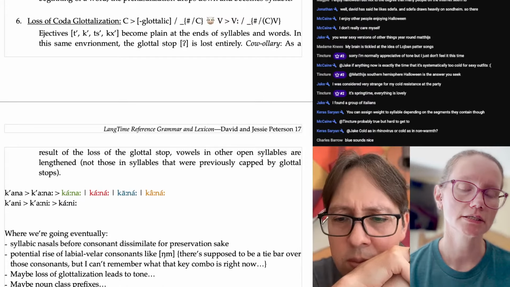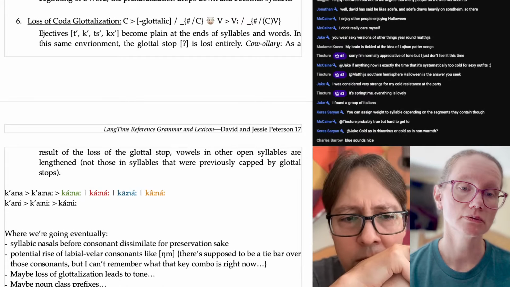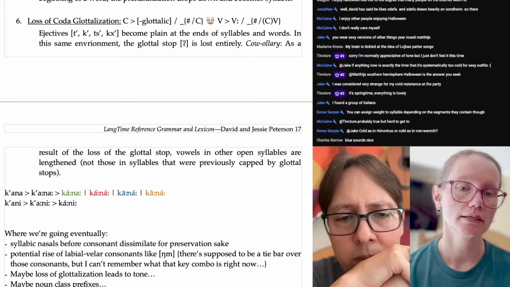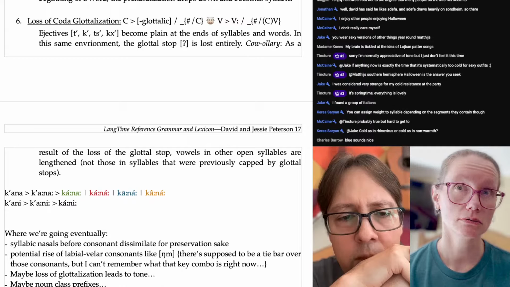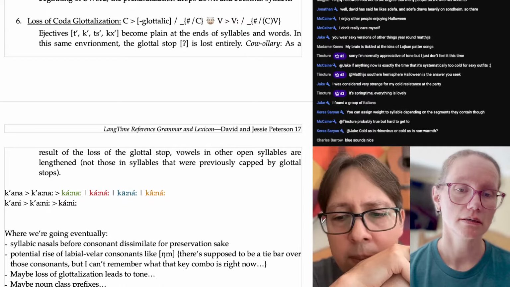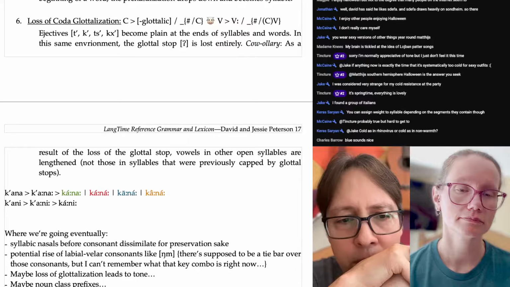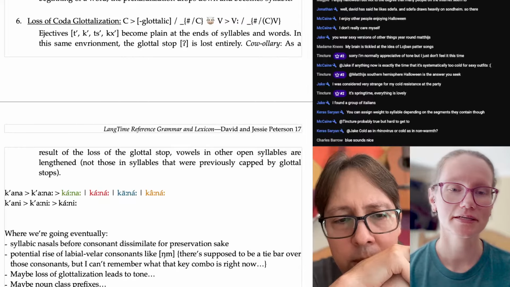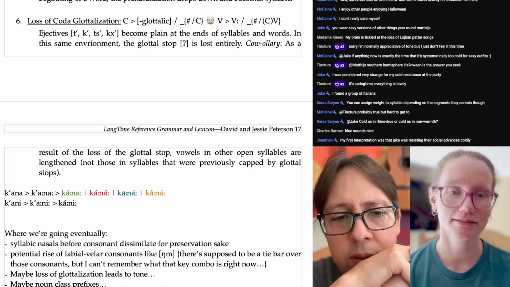Were you treating the acute accent as a rising tone or as a high tone? High. The macron then is a mid tone? Yes. Okay. That put my pinyin training to the test there, because I'm reading it as kana.